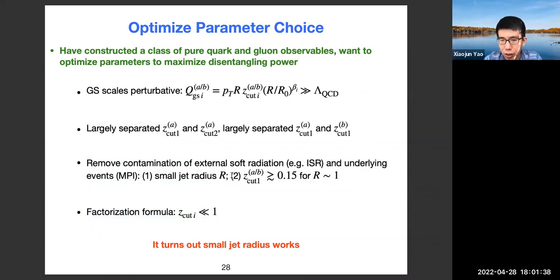And in the end, if we use the second method here, it will be impossible to pick valid z-cut parameters. So in practice, we will use this first method to get rid of the soft contamination, which is using small radius jets. And then conditions 2 and 4 can be roughly satisfied. Okay, so we will focus on small jet radius in the following.